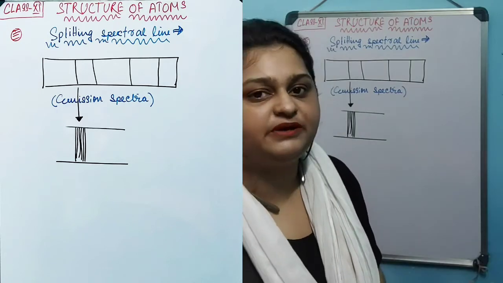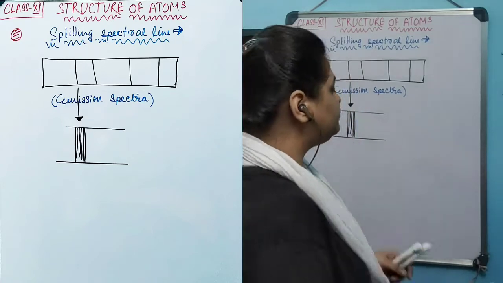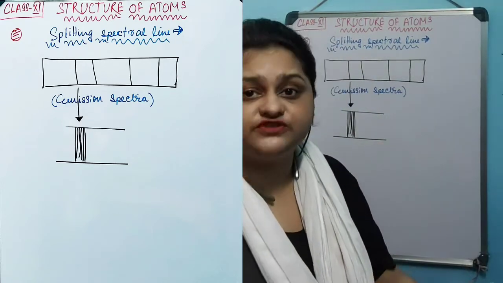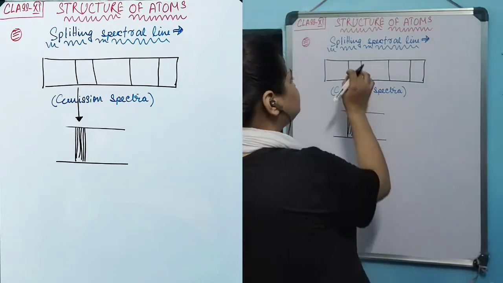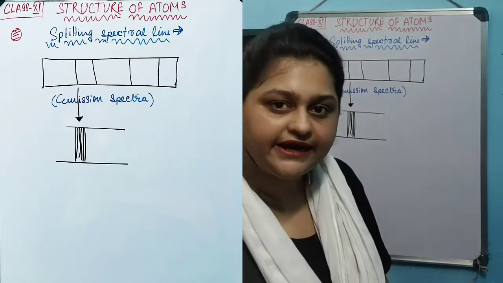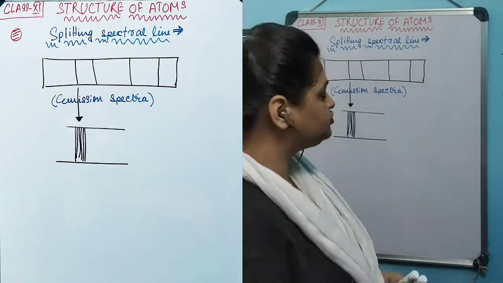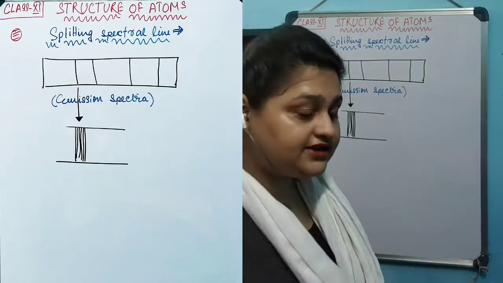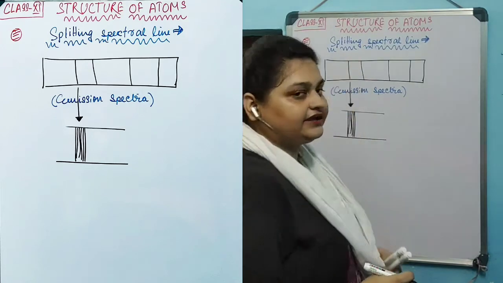Now, splitting of spectral line is not that we just split the spectral line. When we observe this emission spectra later with a more sophisticated spectroscope, we see that these single lines are not just single lines. They are actually a combination of very close packed lines positioned in the single line.